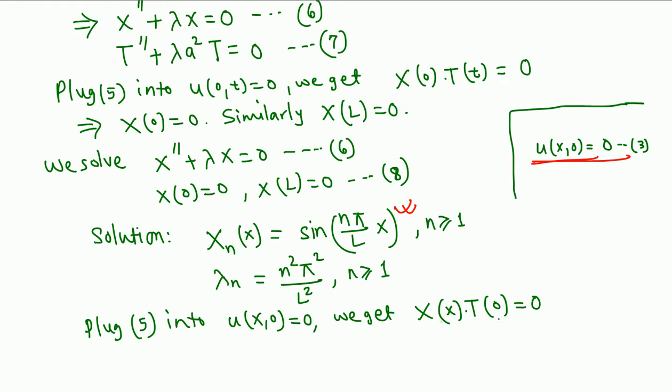So we got a product of two things equal to 0. So either X for all x is 0 or T(0) is 0. But X equal to 0 for all x makes the solution u trivial. So that's not going to happen. So this gives us T at 0 equals 0. Okay. Now we want to solve equation 7 for this initial condition T(0) equals 0.